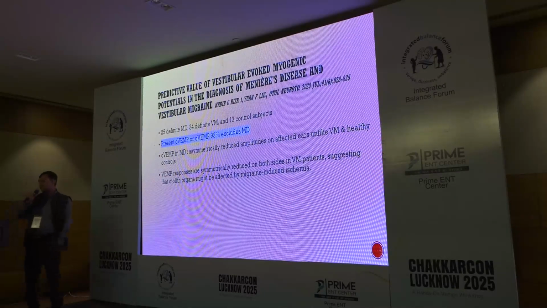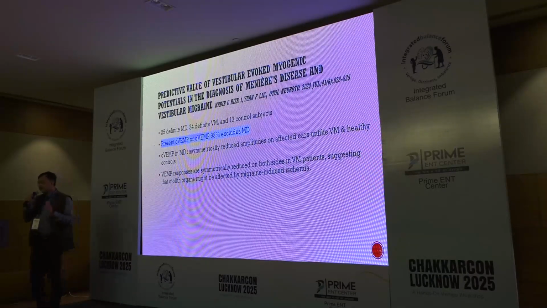So as I was telling, in another paper by Abhik in 2020, he had taken 25 definitive Meniere's and 34 definitive vestibular migraine with 13 control subjects, where he said that if CWEMP or OWEMP is present, in 93% cases it would exclude Meniere's disease.